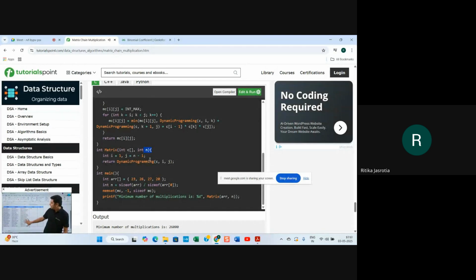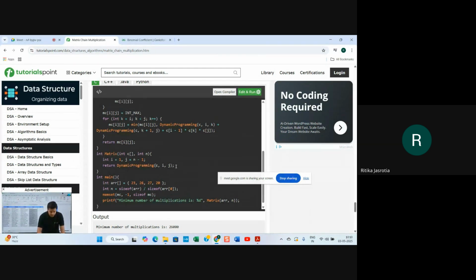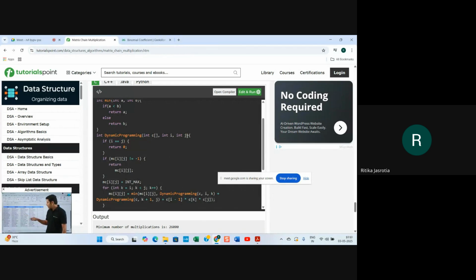Then i is equal to 1, j is equal to N minus 1 will be your matrix size. So you are passing it to dynamic programming C, i, j. So this C is passed, that is ARR is passed here, and i and j's values are passed from here. If i is equal to j, you will keep 0, and if it is not equal to -1, then you will return MC[i][j].